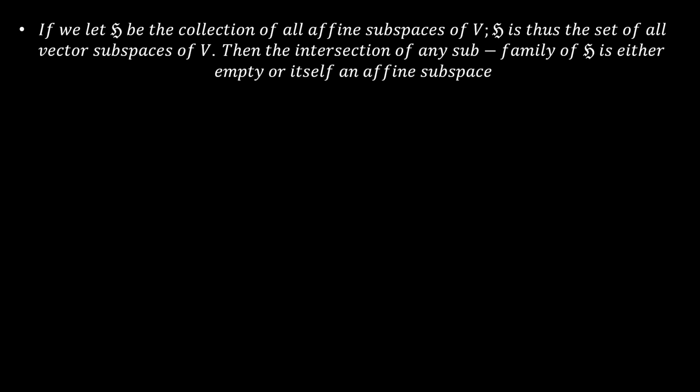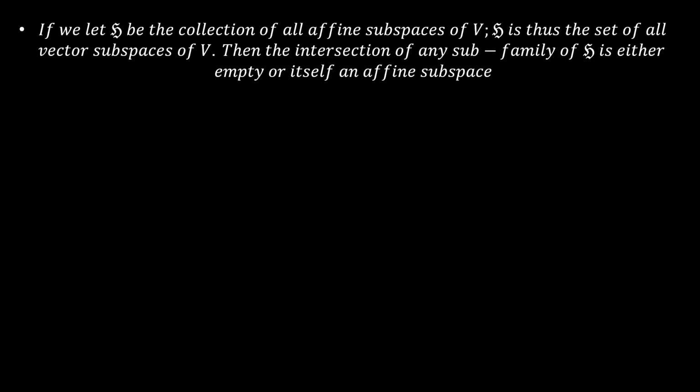So if you have all these translational points of a specific subspace that cover the entire vector space V, then it's just obvious that this is a set of all vector subspaces of V, right?